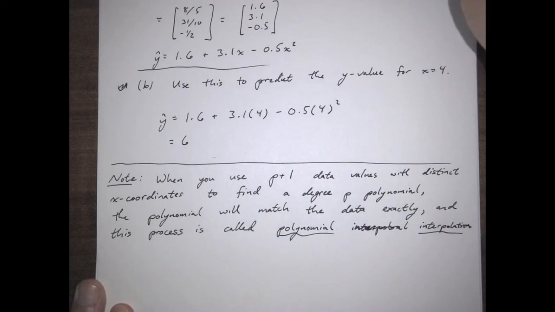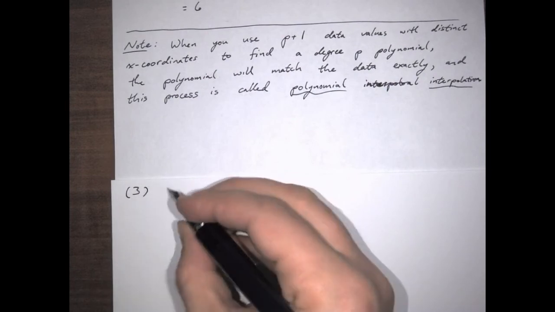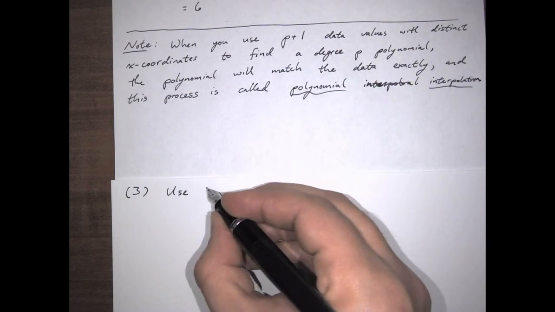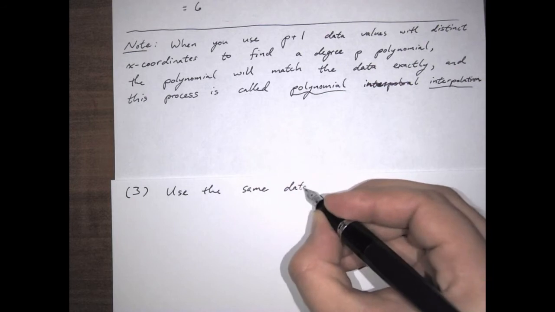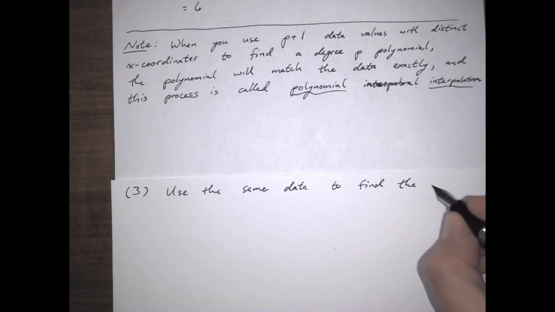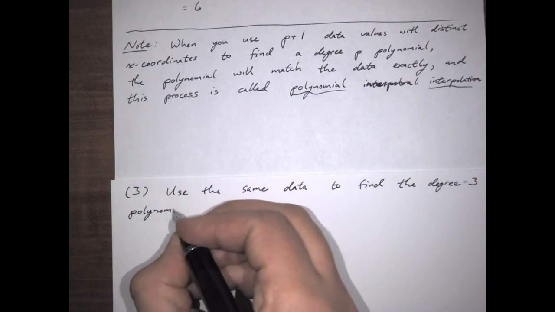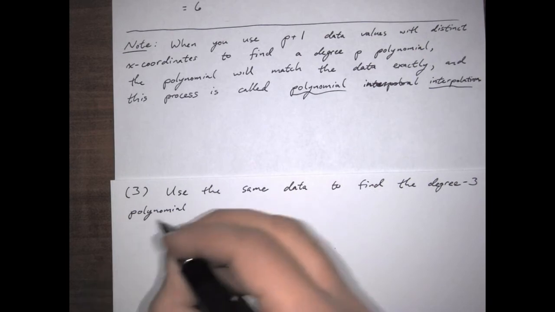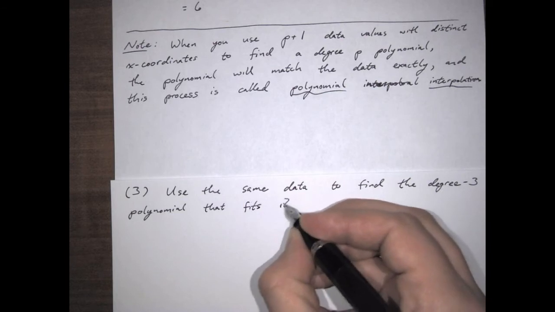Alright, so just as an example, let's take that same data and find the degree 3 polynomial that would interpolate it. To find the degree 3 polynomial, what fits it best.